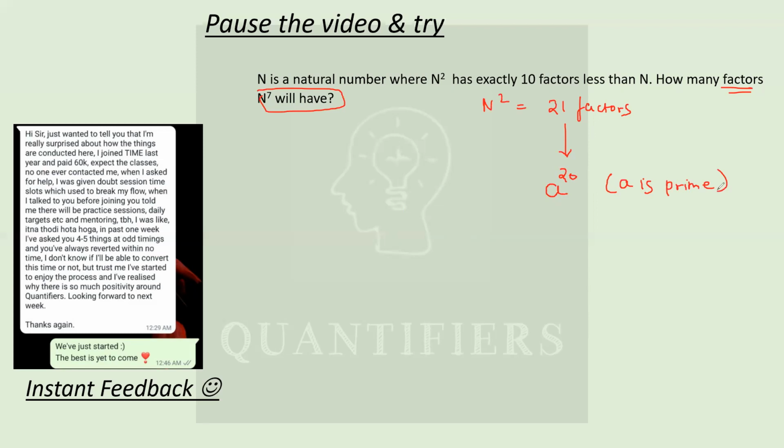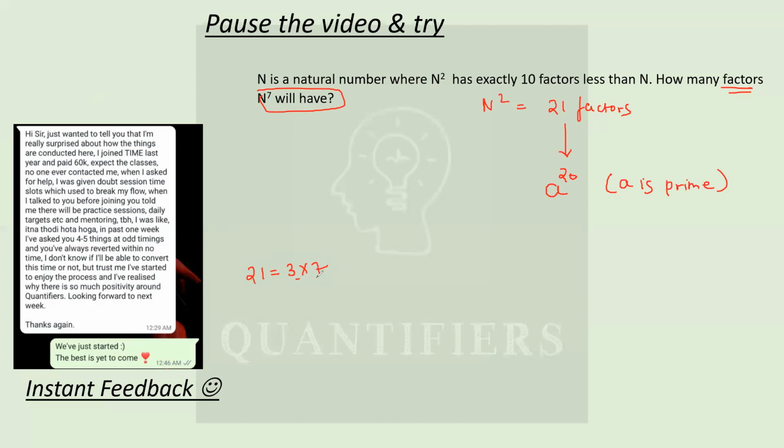Now, is there any other way to get 21 factors? Yes, let's try to split 21. Okay, if you split 21 into two parts, now 21 को अगर हम दो पार्ट में स्प्लिट करेंगे, so I can write it as 3 into 7. Right, students? 3 into 7 will give me 21. Now, how do we get 3 and 7?